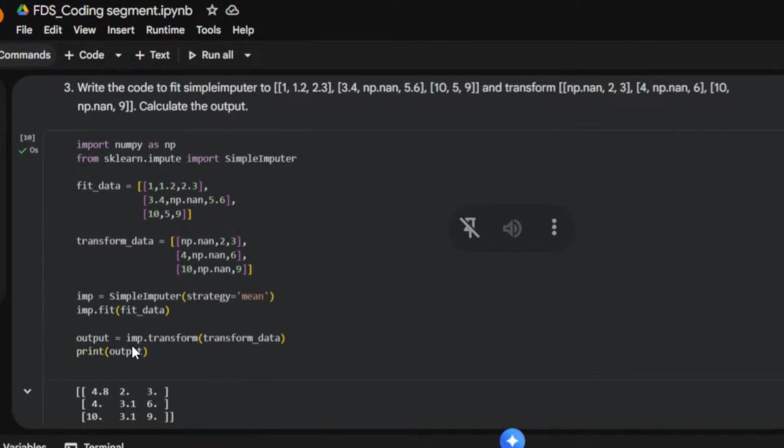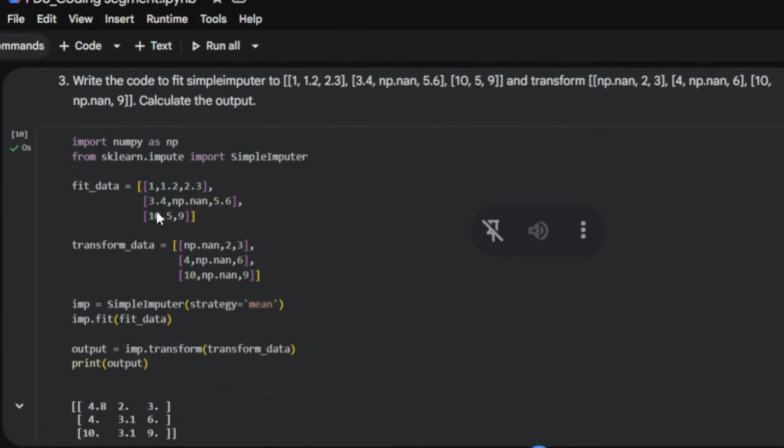So what happens internally is that it takes the values from the fit data, and then takes the corresponding mean value, and then replaces the np.nan in the transform data set. Let's work out one column. This column is 1, 3, 10. So the mean is 14 by 10, which is 4.8. This 4.8 will be replaced as the np.nan in the first column, as you can see in the sample output.